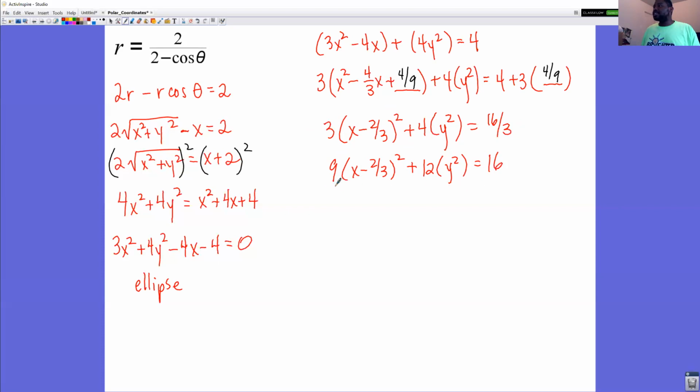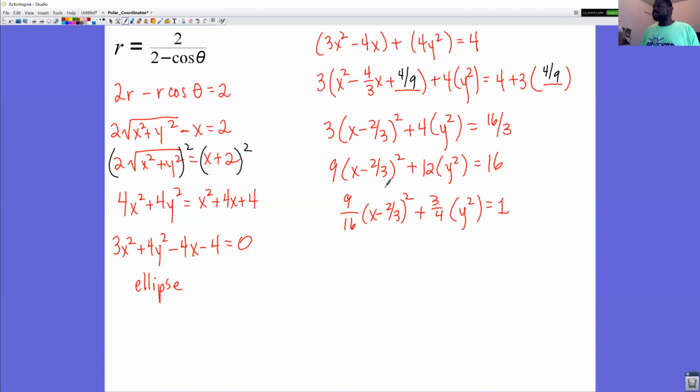So when I divide by 16, I get 9 over 16 (x minus 2/3) all squared plus 3/4 y squared equals 1.